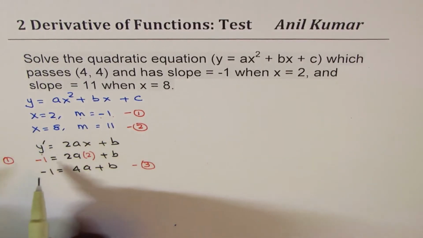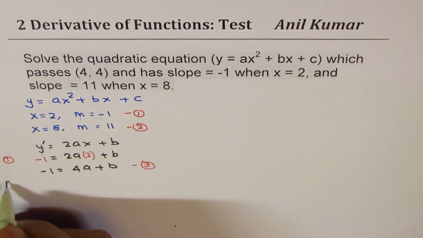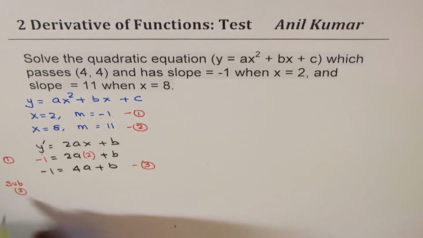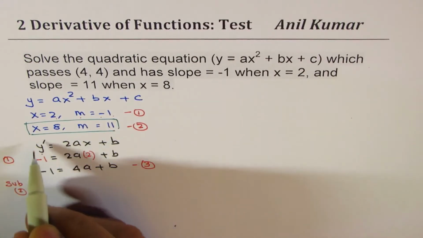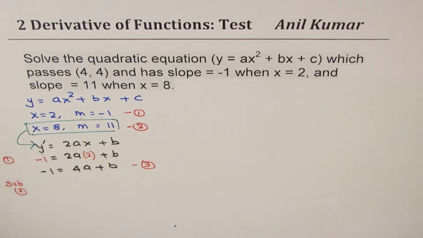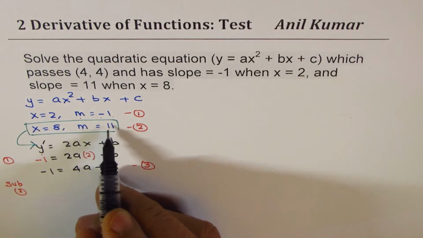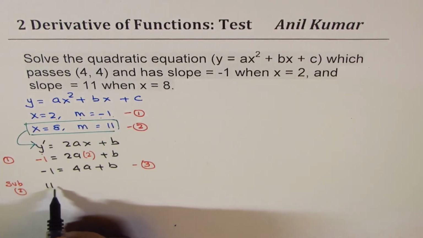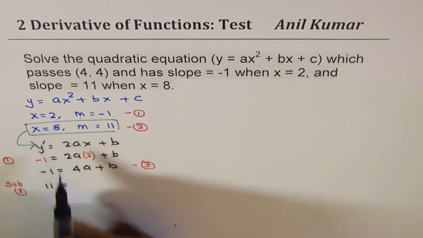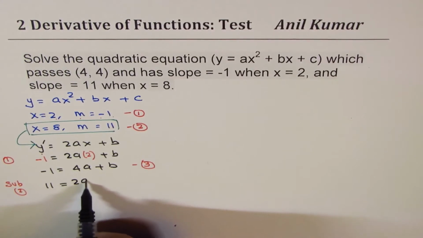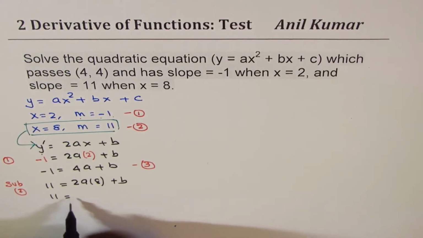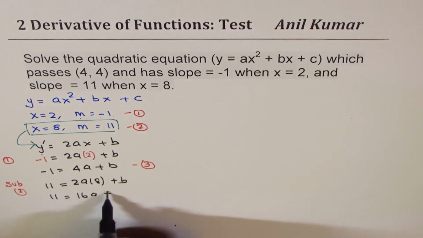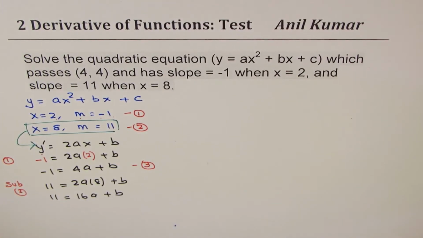Now if I substitute the second condition in our equation, then what do we get? Slope is 11, so I'll write this as 11 equals to 2a times 8 plus b, right? So that gives me 11 equals to 16a plus b. So we get another equation.